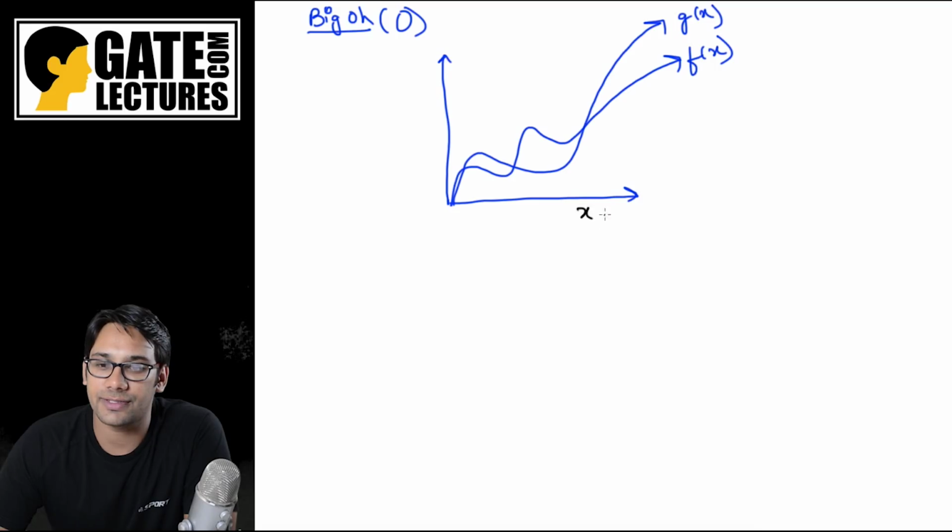Then this is the x-axis, and this point is the x0 point.